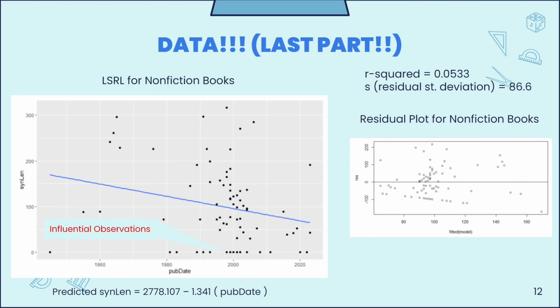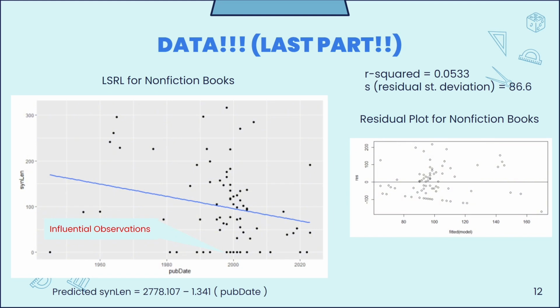Now, if you turn your eyes to the very bottom left, you see that there was a marking there and a line of influential observations. As you can see, there are many dots on that y-axis point. That brings up the question: did this make a difference? Did these influential observations have an influence?